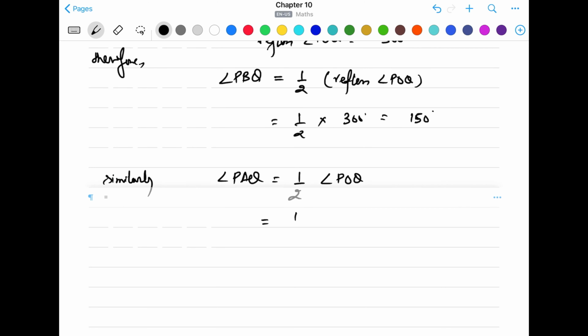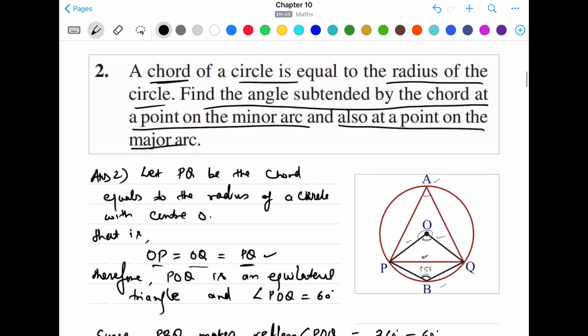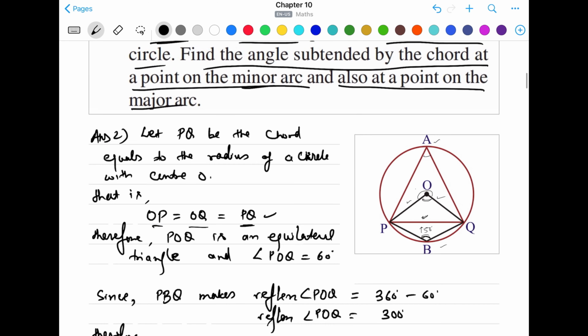Okay, and POQ is 60 degrees, so this will be 30 degrees. Okay, that's the answer for the two angles. So in the minor arc the measure of the angle is 150 degrees, and in the major arc this angle is 30 degrees.